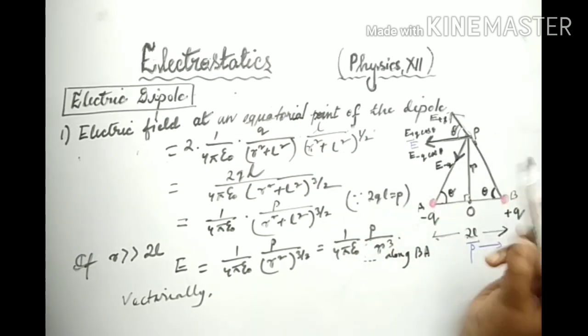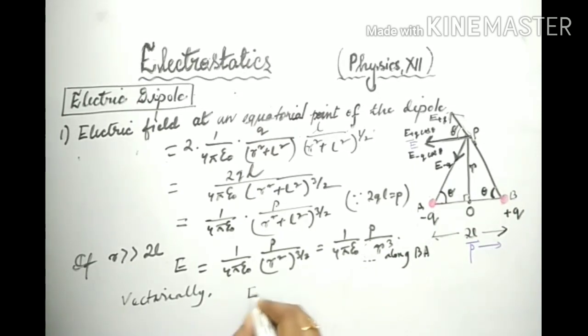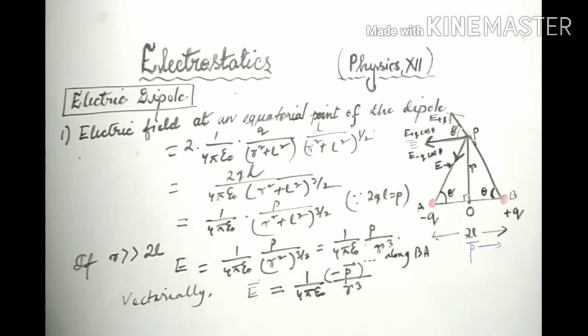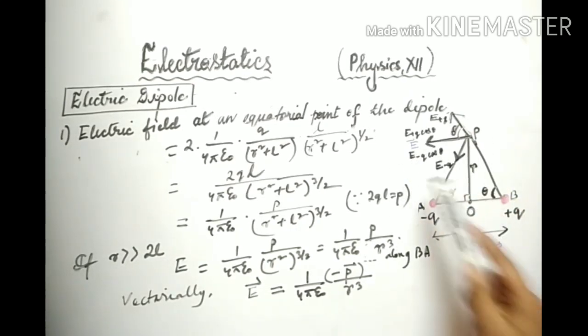So vectorially you can represent E vector equals 1 by 4 pi epsilon naught minus P vector by r cube. Now why minus P? That means electric field is in the opposite direction of the vector P, because electric field is in this direction.